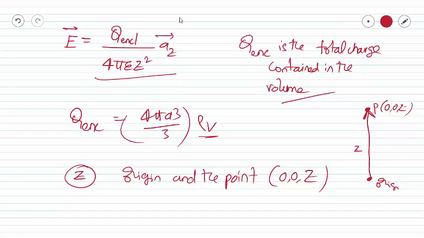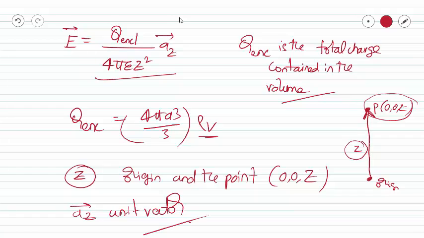So z is the magnitude of the vector drawn from the origin to the point P, that is, the position vector of the point 0 comma 0 comma z. So z denotes the magnitude of the position vector of the point of interest, and a z bar is the corresponding unit vector.